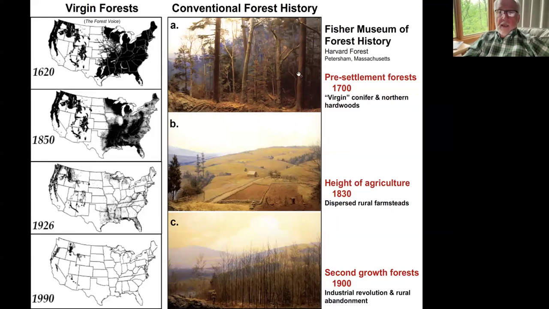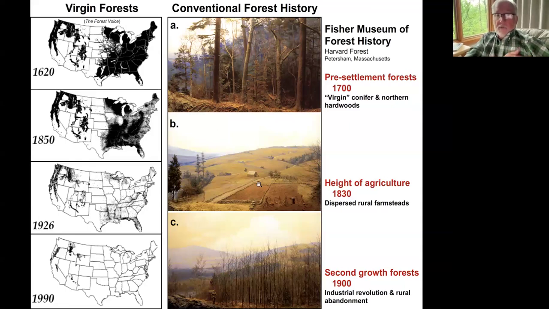And it's showing the history of the landscape in central Massachusetts from the pre-settlement forest circa 1700 when it was in virgin conifer and northern hardwoods. So this was kind of quote unquote virgin. Native peoples lived here, of course, but their impact was far less than the industrial impact of modern man and woman. And so this is the pre-industrial conifer and northern hardwoods in their pristine condition.